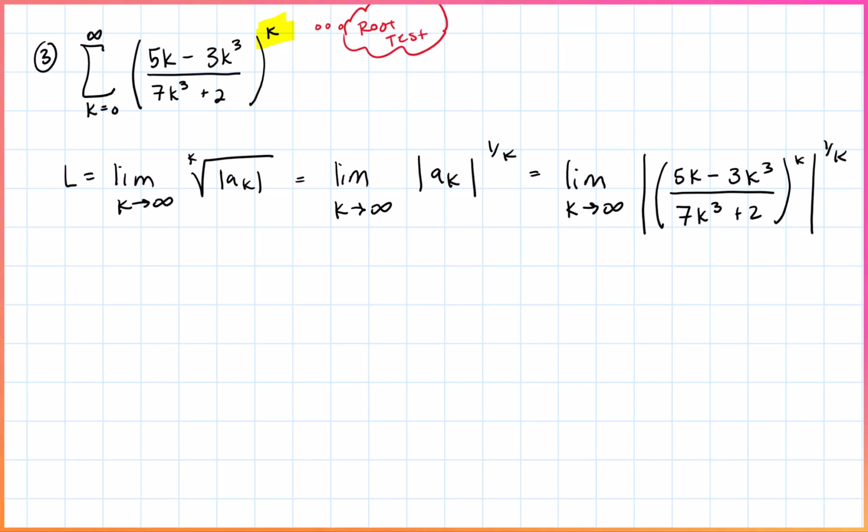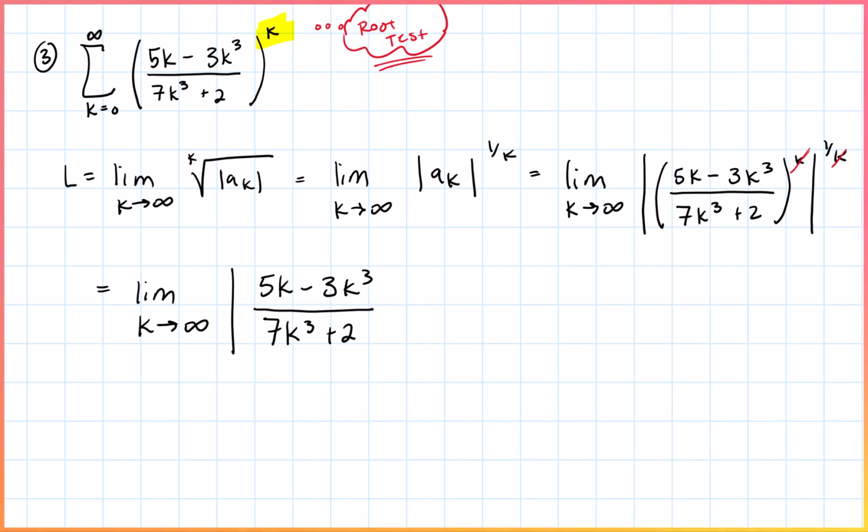Those will cancel: something to the kth power, when you take the kth root or raise it to the 1 over k, reduces down to 1, and then we're looking at just the limit as k is approaching infinity of the absolute value of (5k minus 3k cubed) over (7k cubed plus 2).